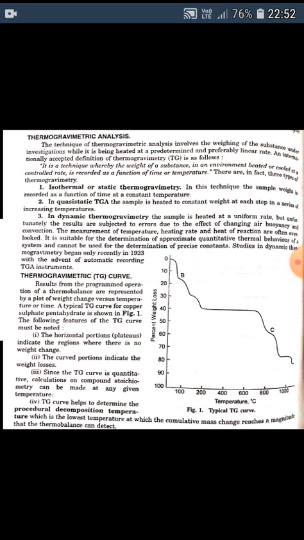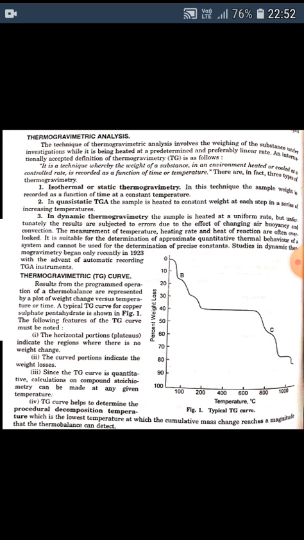A typical thermogravimetric curve is shown in the figure, which represents a curve for copper sulfate pentahydrate. The main important features of the curve are the horizontal portions, which are also known as plateaus.